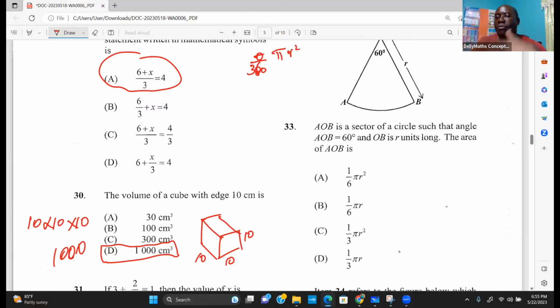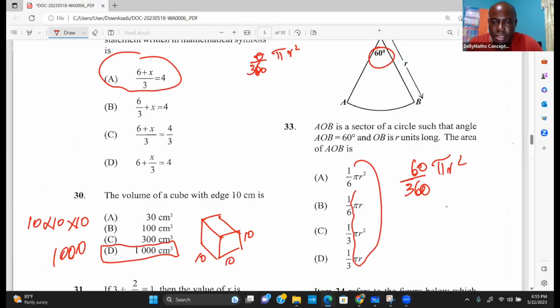Remember, it's the area of the circle, but a fraction of it. So you set up 60 over 360 times pi r squared. You're not canceling the pi r squared. You cancel the 60 and the 360, you get 1/6. So the answer is 1/6 pi r squared.